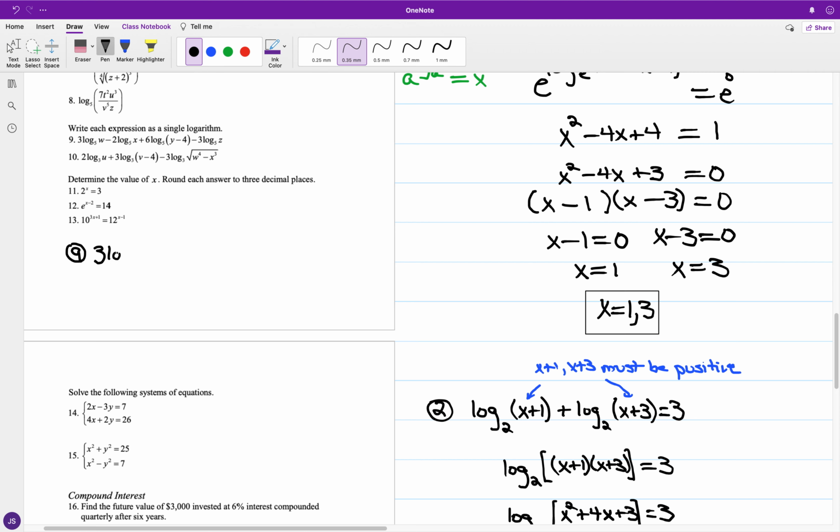So you're going to have 3 times the base 5 logarithm of w, minus 2 times the base 5 logarithm of x, plus 6 times the base 5 logarithm of the quantity y minus 4, and minus 3 times the base 5 logarithm of z.